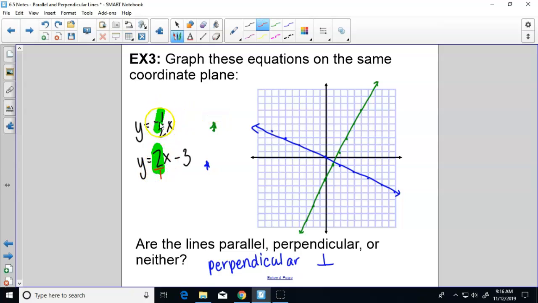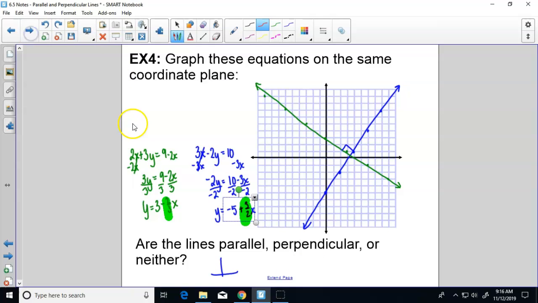So I had 1/2 and 2/1. They flipped upside down. Over here I had 2/3 and 3/2. If you think about this, it kind of makes sense. If you go down 2, right 3, the opposite of that would be up 3, right 2. It's sort of the opposite of what we've got.